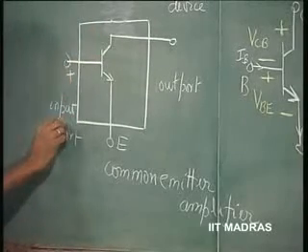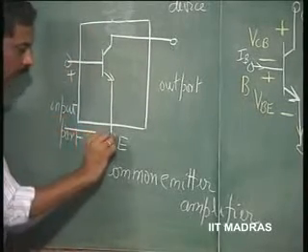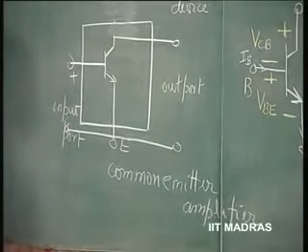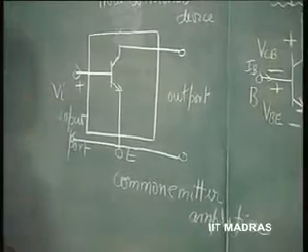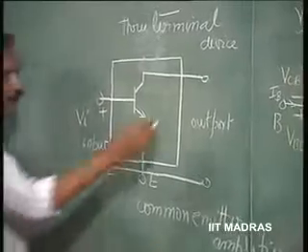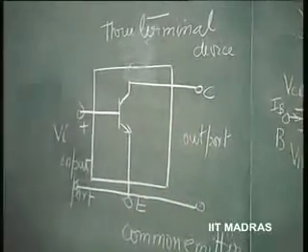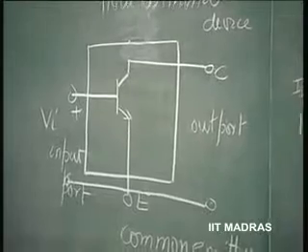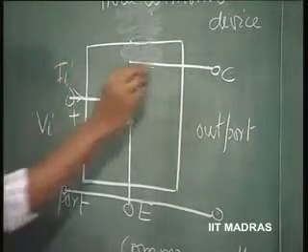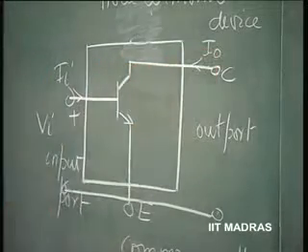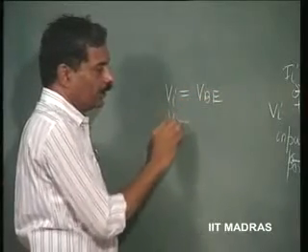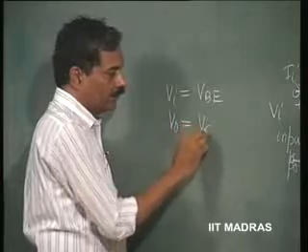Let us now represent this, therefore, this way. The input voltage Vi here is the same as VBE. The output voltage is the same as VCE. So, the input voltage is equal to VBE and the output voltage is equal to VCE.